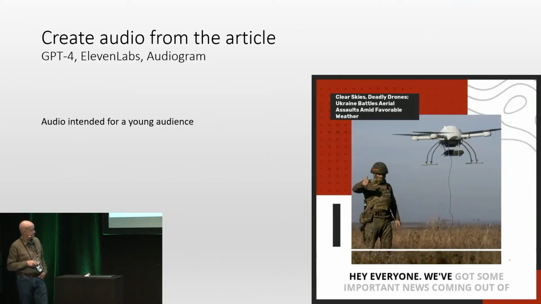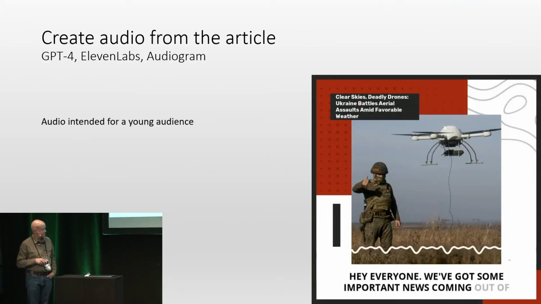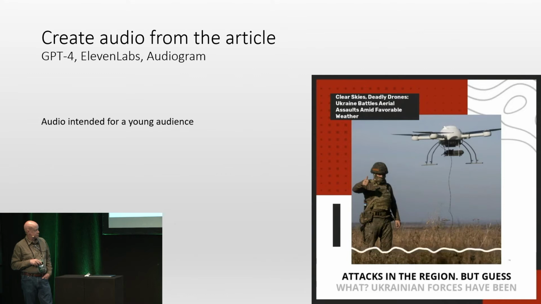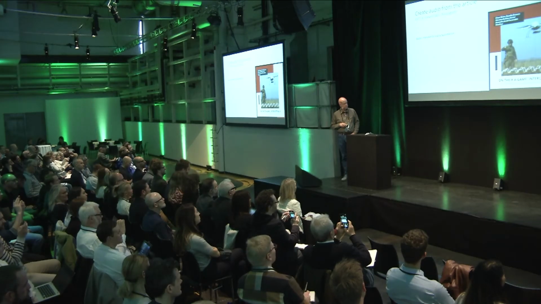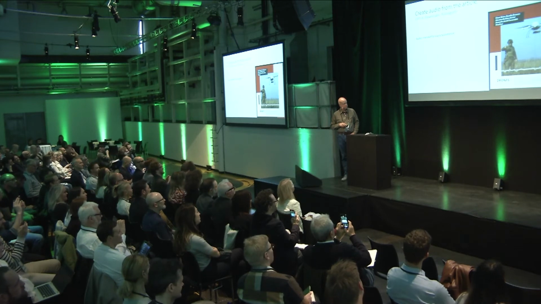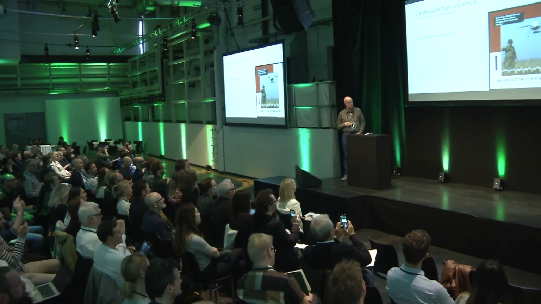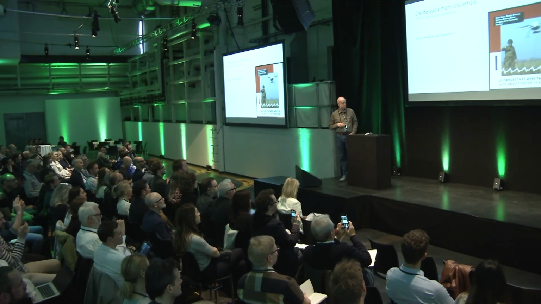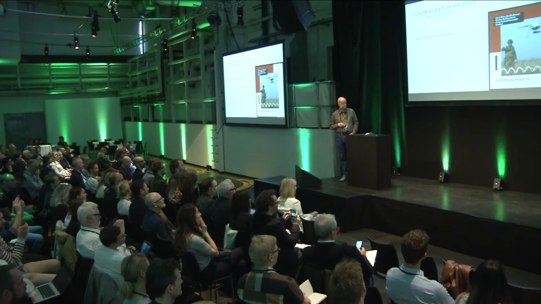Hey, everyone. We've got some important news coming out of Ukraine. Over the past few days, there have been several drone attacks in the region. But guess what? Ukrainian forces have been on their A-game intercepting a significant number of these drones. Just the other night, they managed to shoot down 18 out of 24 drones that were targeting Kyiv and 12 out of 15 kamikaze drones with targets in Odessa. Impressive, right? So why this sudden increase in drone activity?